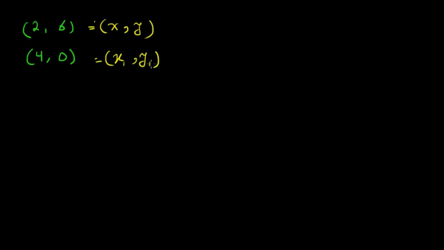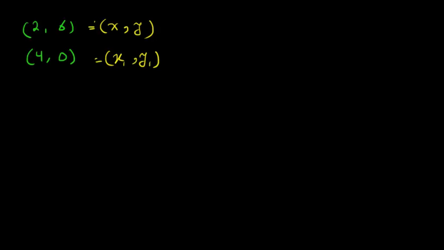Let's do another example. We are asked to write the equation of the line that passes through two points, which are 2, 6 and 4, 0. This is our x and y, and this is our x1 and y1. We do the same process.